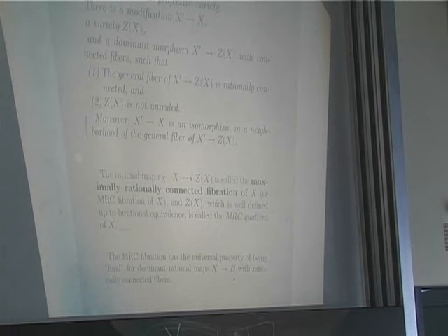The MRC fibration, just the way it's written as a universal property, it's the final dominant rational map with rationally connected fibers. So if you have any map X to W where the fibers are rationally connected, then the MRC fibration factors like this.